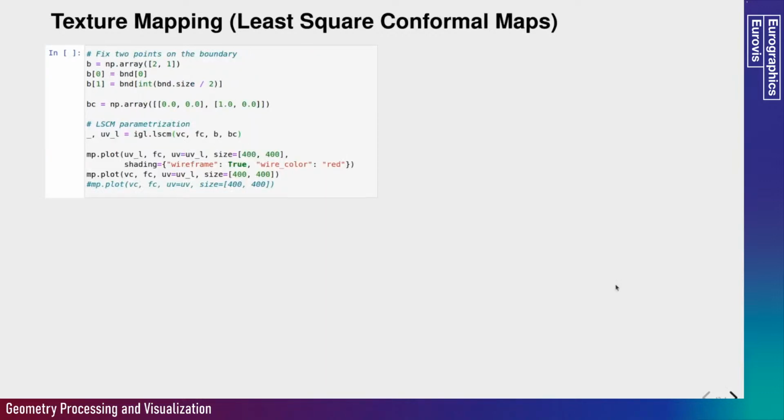The fixed boundary mapping approach from harmonic parameterization has some distortions inside of the UV map. This is problematic for some applications, so there are other techniques that try to minimize these distortions as much as possible. One of these techniques is, for example, least squares conformal maps, or short LSCM, and this technique tries to minimize the conformal or angular distortions of such a UV map.